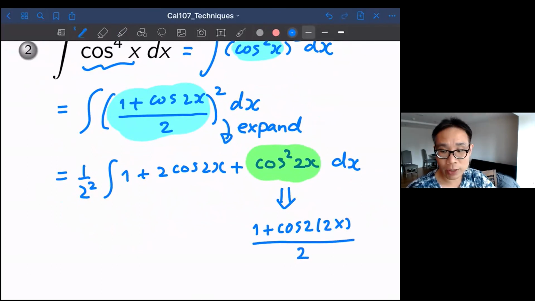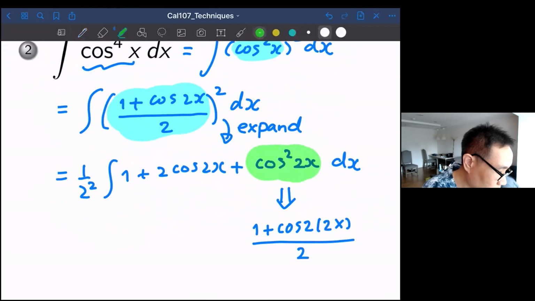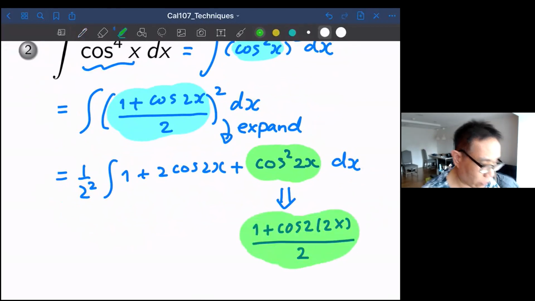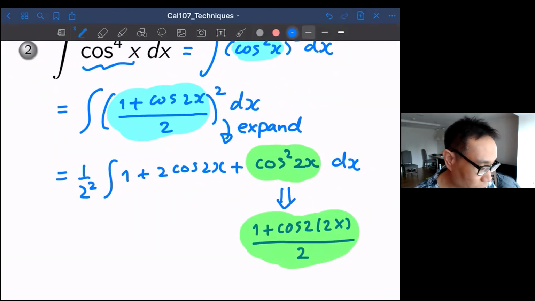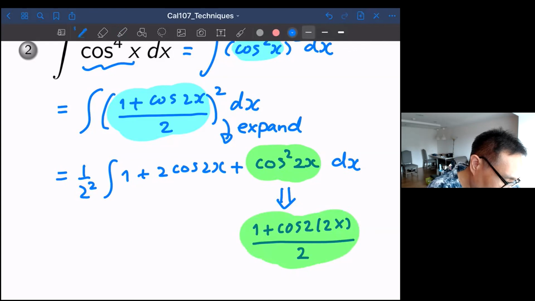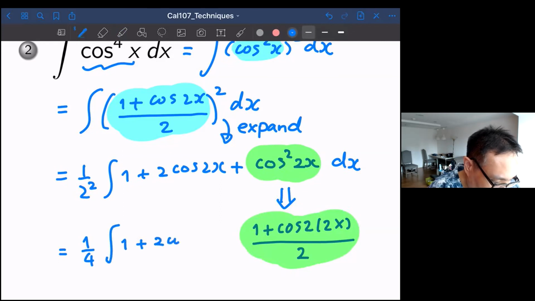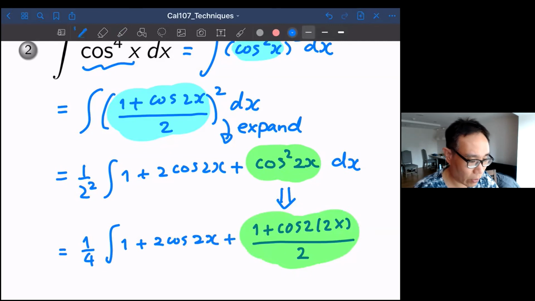So this is how we're going to integrate the green term here. You change into the double of the double angle, and the rest of the terms you just copy down. So it's going to be 1/4 integrate 1 plus 2 cos 2x plus this term dx.